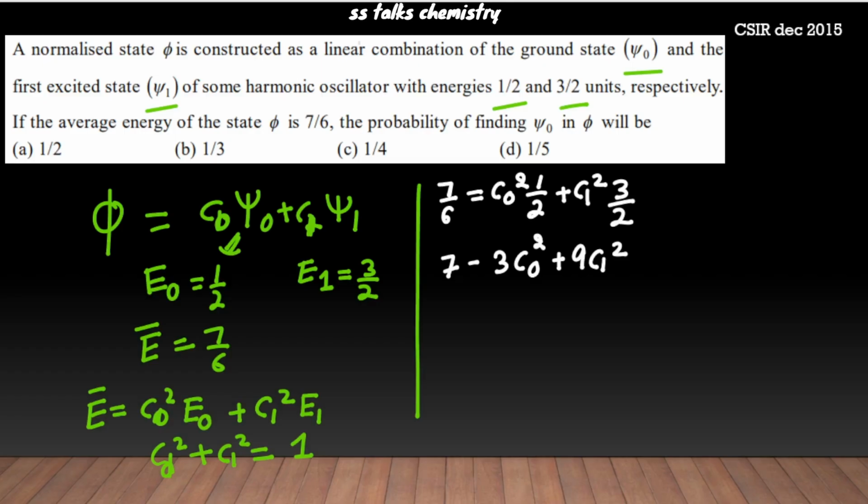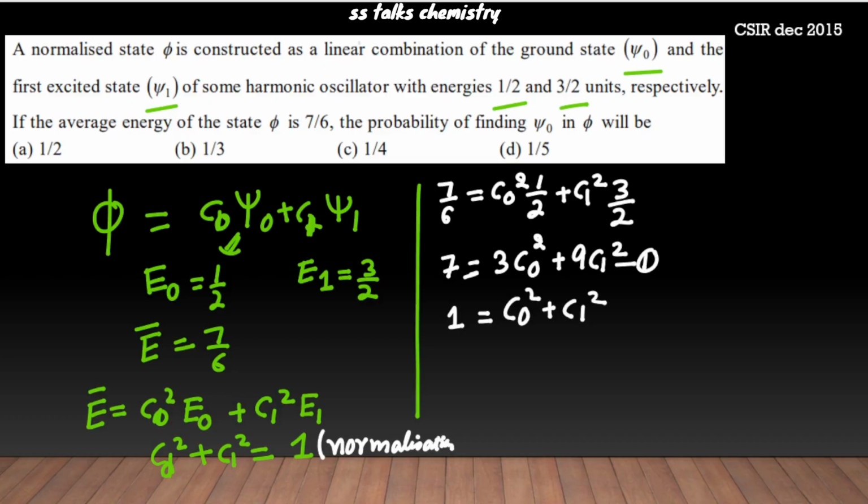So this is the first equation we have. Next, C naught square plus C1 square is equal to 1 from the condition of normalization. So this is the normalization condition.